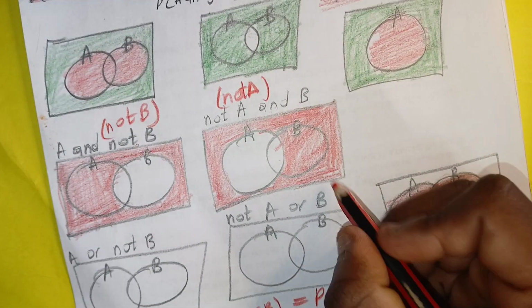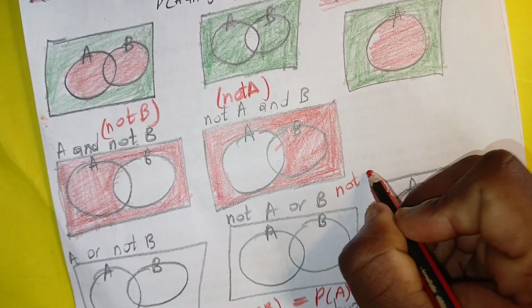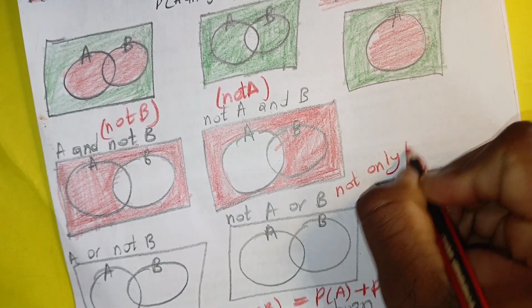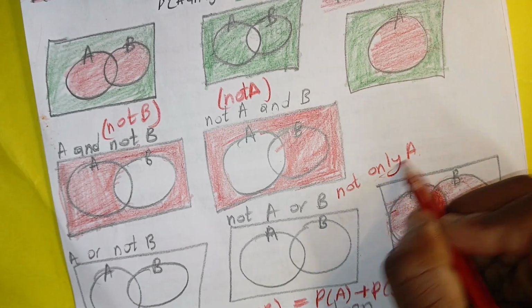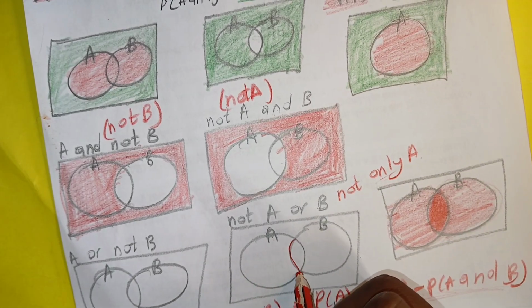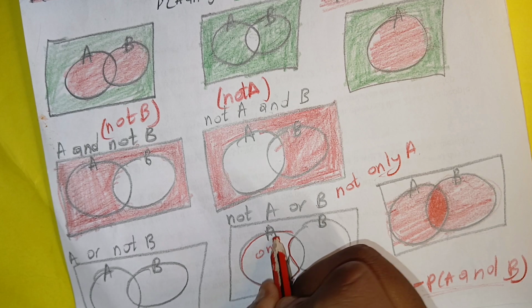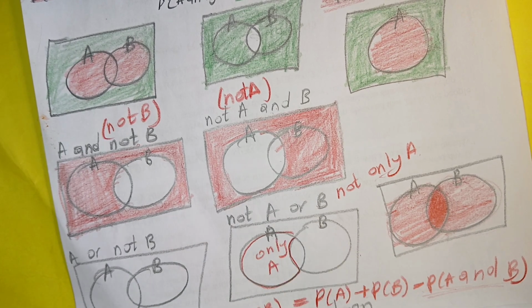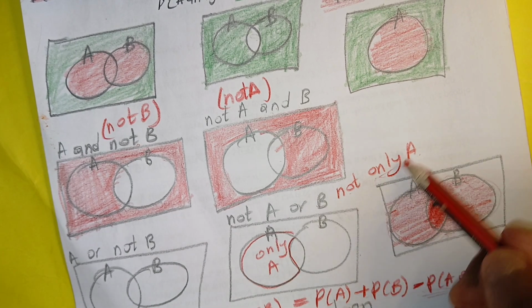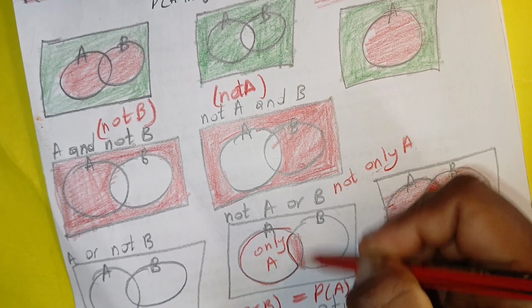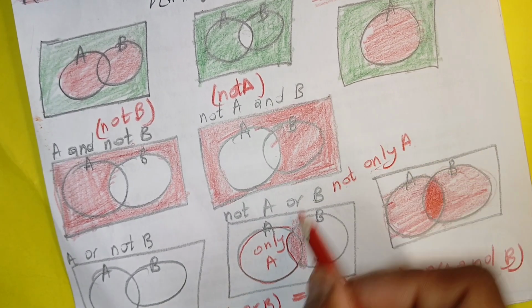This thing is something like now not only A. So when I'm referring to only A, it's something like here. This one, it's only A, this one. Do you see? So now if it's not only A, it means now we include the intersection. Do you see?